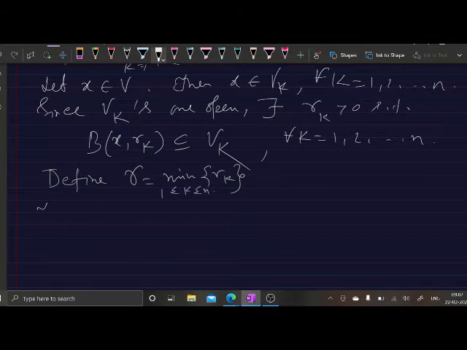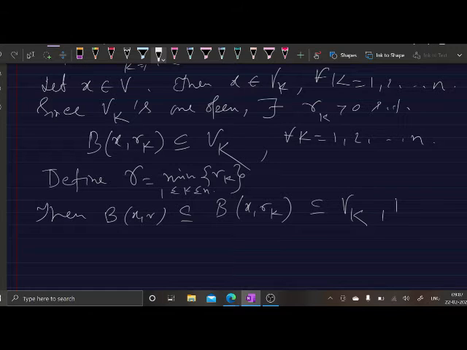Then B(x, r) must be a subset of this, and this is a subset of V_k, and this is true for all k equal to 1 to n. So this B(x, r) is common to all these V_k's, therefore it is in the intersection.